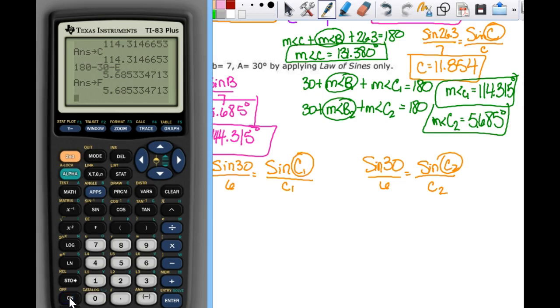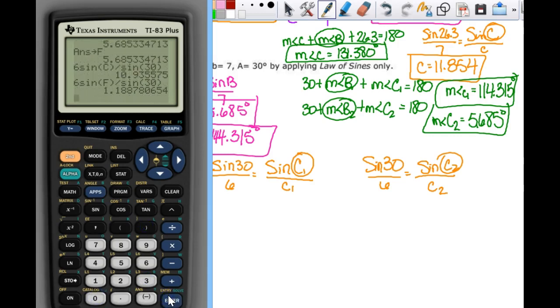Okay, good. So to find c1, I'm going to do 6 times the sine of C divided by the sine of 30. And so that gives me 10.936. Then I'm also going to do 6 times the sine of C2, which is really F, divided by the sine of 30.